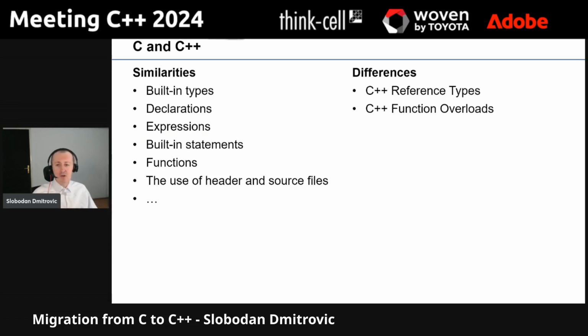We can mimic function overloads in C to a degree using macros, but C++ has built into the language the ability to create actual function overloads. And one of the arguably biggest differences between the two is the existence of classes in C++. So classes and also templates.